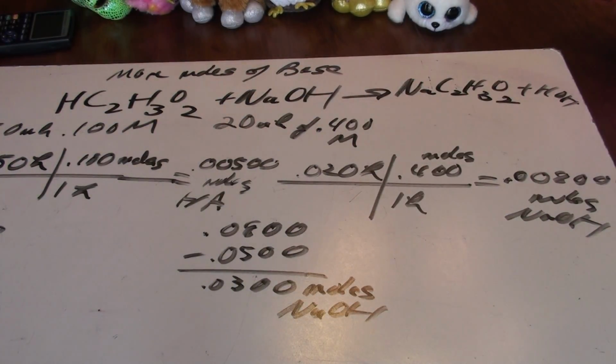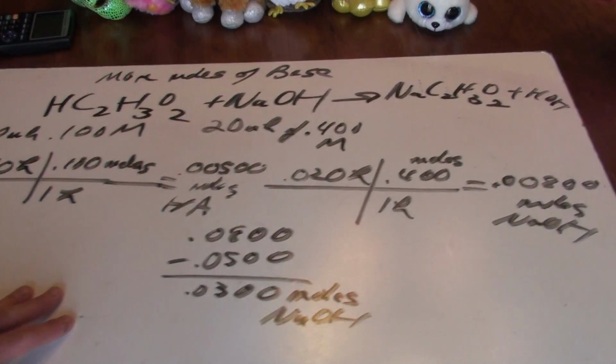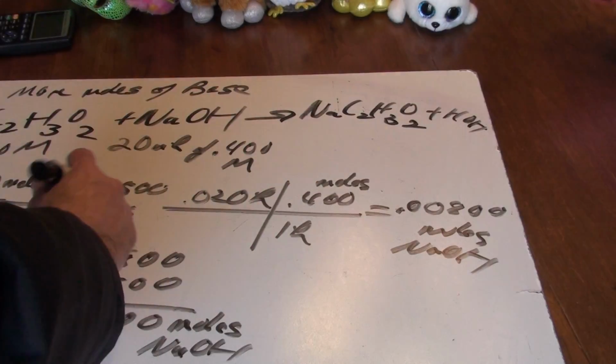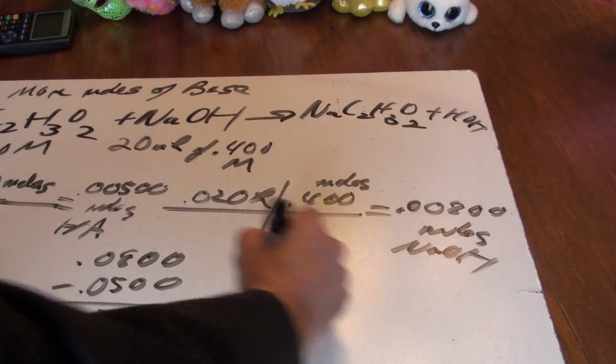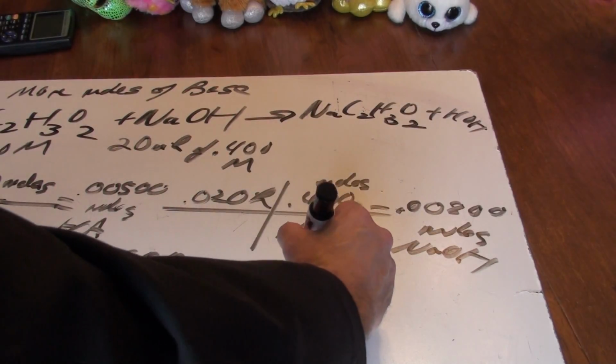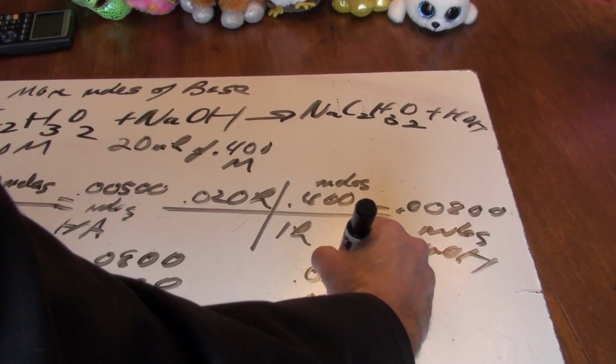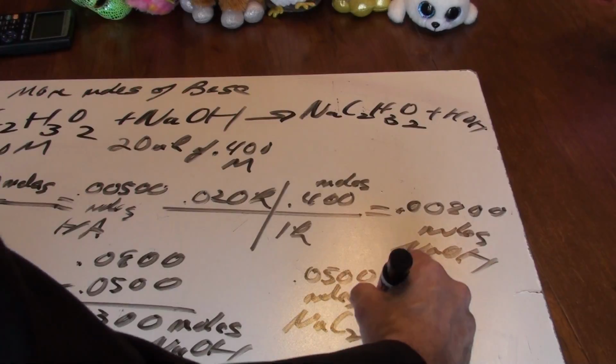In addition, we will have created some sodium acetate. Because the acid is the limiting reactant, after the reaction we will have created 0.0500 moles of sodium acetate.